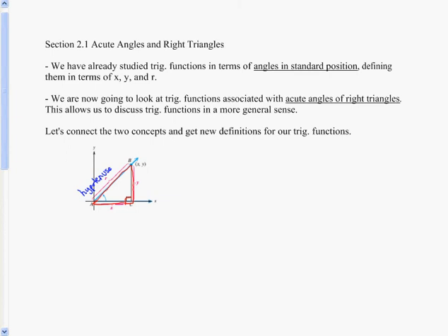Now, previously, we talked about the fact that sine of angle A, this is angle A here, would be y over r. We want to note now that in terms of this triangle, that would be the same as the side opposite of angle A over the hypotenuse.